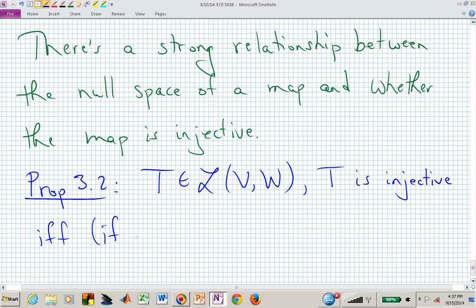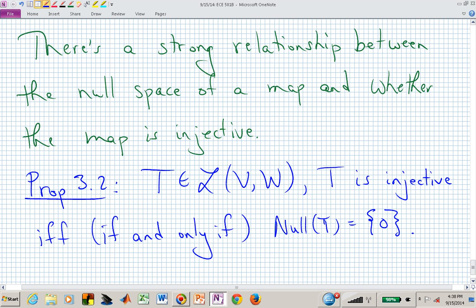But this means IFF, I do know. That's if and only if. T is injective if and only if the null space of T is the 0 vector.